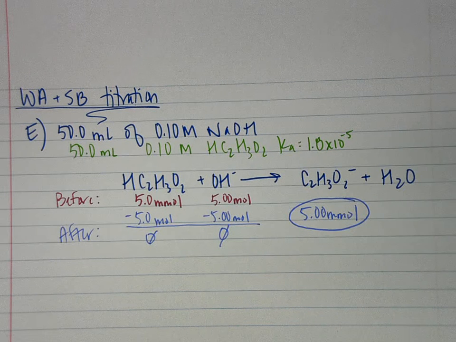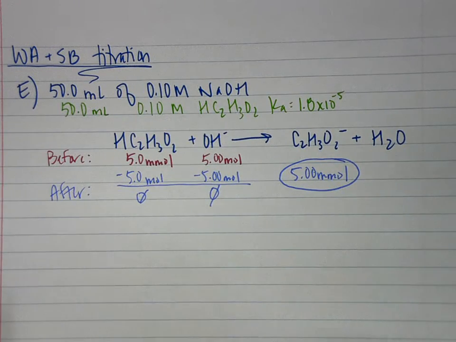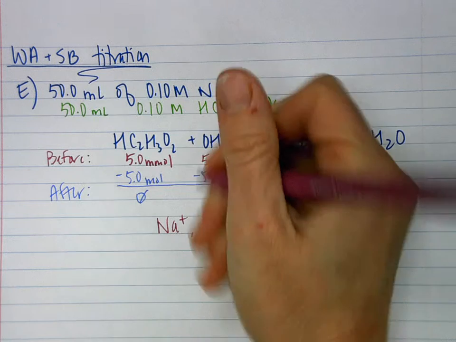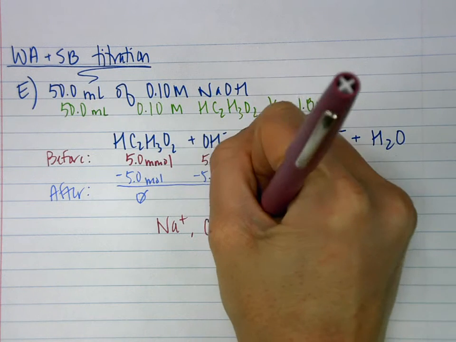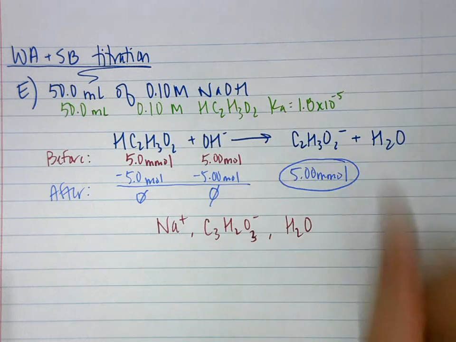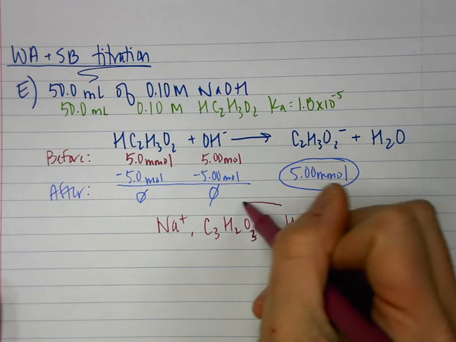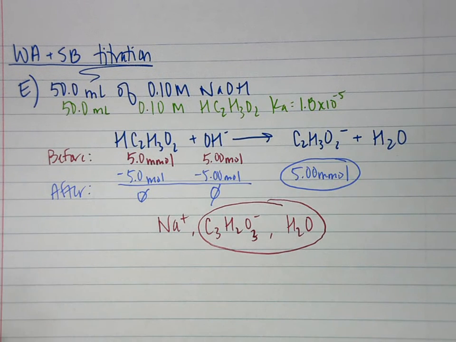Okay, so if you think about it, in our solution, we have the Na still floating around. We have this acetate ion still floating around, and we have water. Well, we know the sodium's not going to do anything, so we have these two species floating around, which are going to interact with one another.